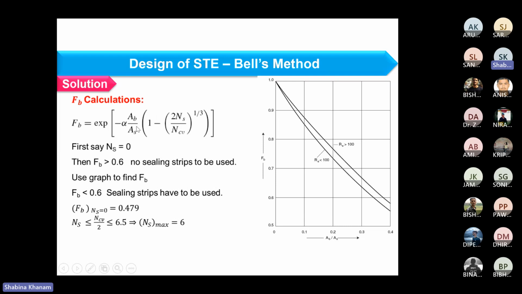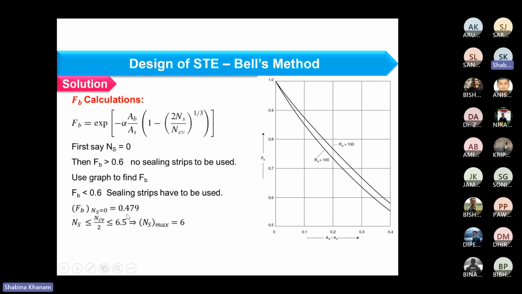In this problem, for alpha, depending upon the Reynolds number, you can choose the correct value of alpha. And for this, NS is equal to 0 in the present problem. NCV we have taken as 13, right? And AB and AS, all these we can calculate. There is no difficulty.